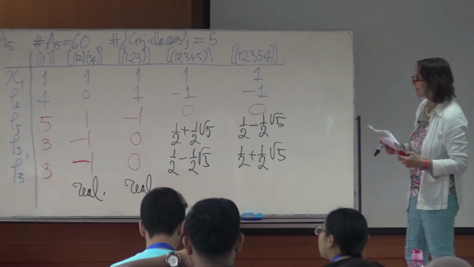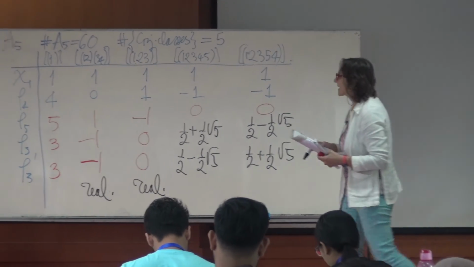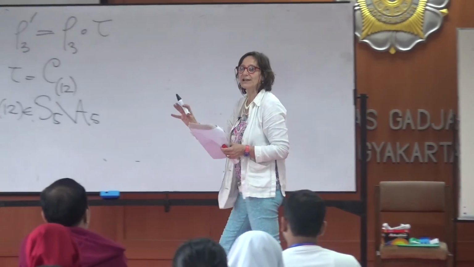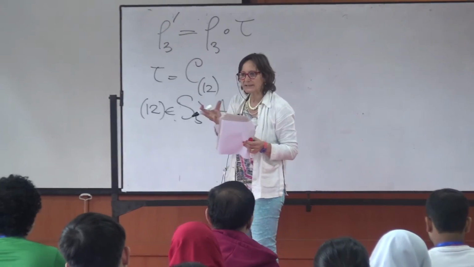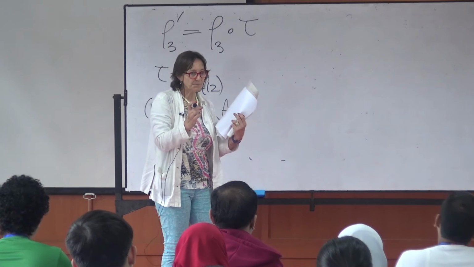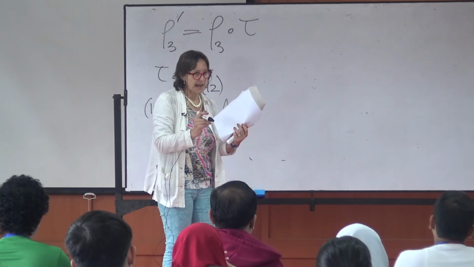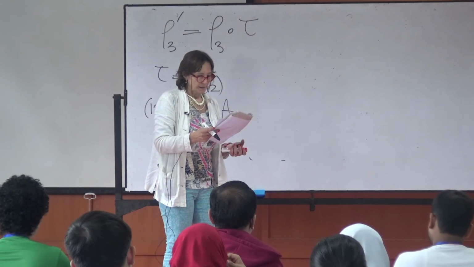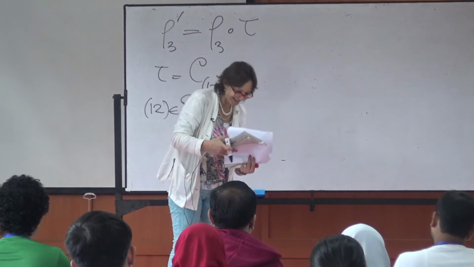And one other comment is that the group A5 embeds in SO3 as the rotational symmetries of the regular icosahedron. And the regular icosahedron has how many edges?